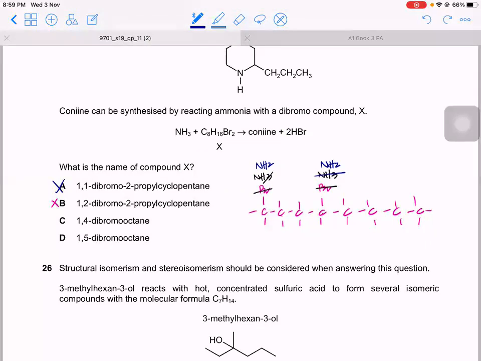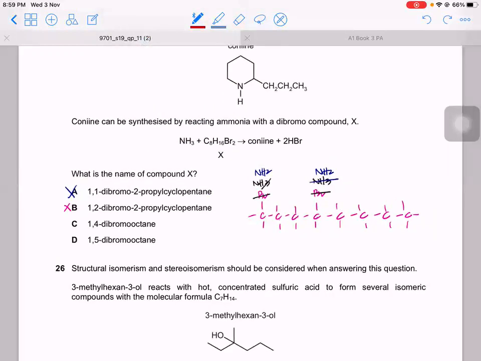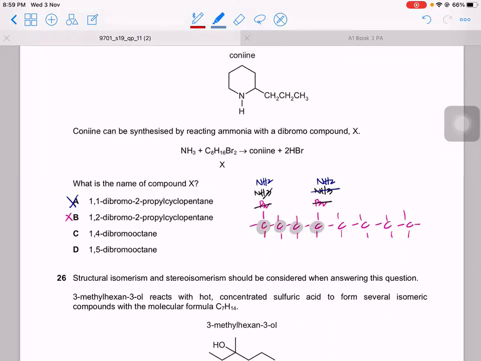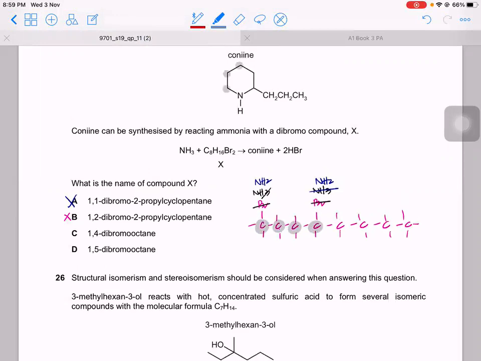Clear? Now, when we try to make it into a cyclic compound, you will have 1, 2, 3, 4 carbons in the ring. But we know in this structure we have 5 carbons in the ring.